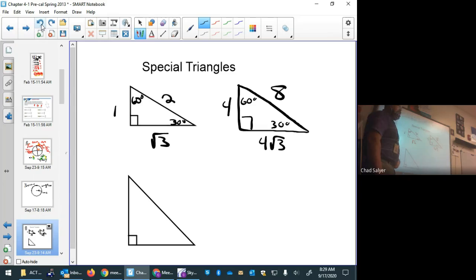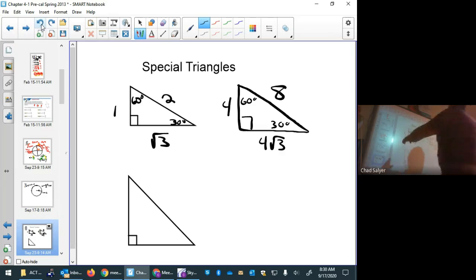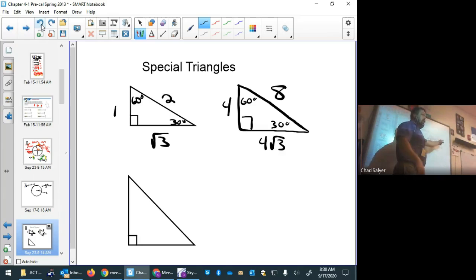The ratios persist. So if triangles are similar, you remember the difference between similarity and congruity? Congruity means exactly the same. Similar means has the same angles. So any similar triangle, in other words, any triangle that has the same angles as this, will have the same ratios.